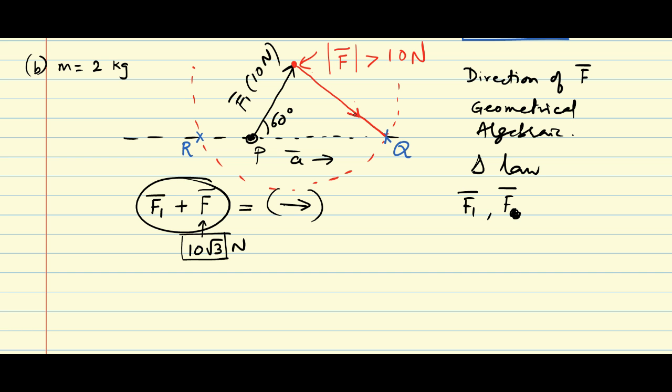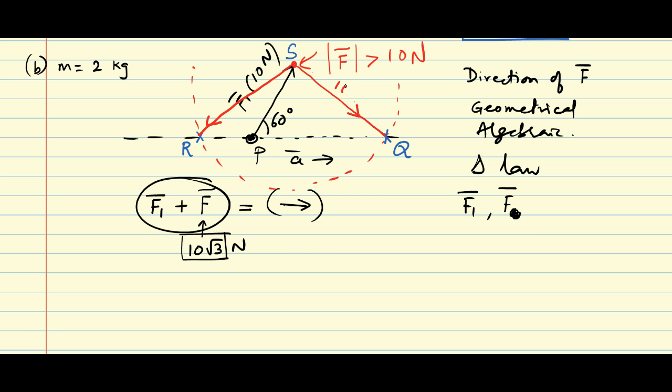One of them is this vector, so I can even name it. If this point I call S, then SQ bar is the first possibility, and the second possibility is the vector which goes from S to R. So these are possible choices of F bar. Both of them have a magnitude of 10 root 3 newtons.